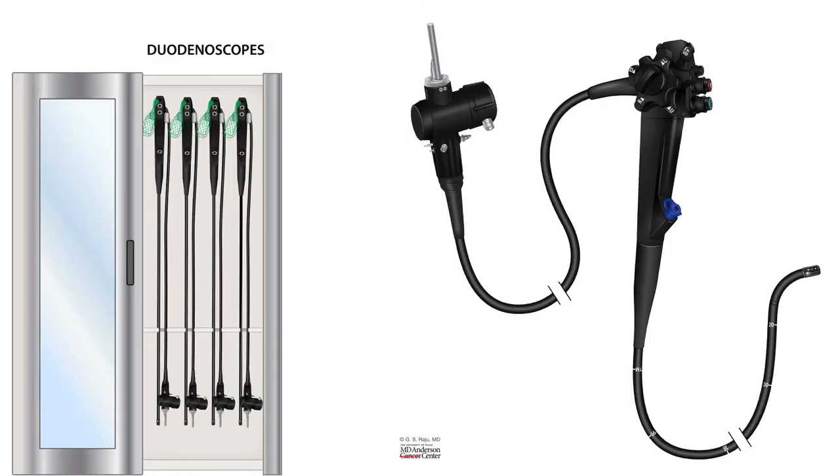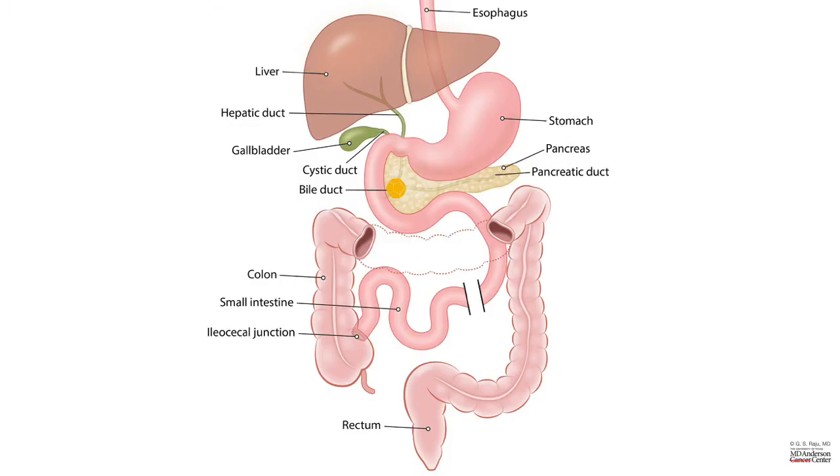Now, coming to the duodenoscope, otherwise called as ERCP scope or side viewing scope. So, again you pass it down the mouth, pharynx, esophagus, stomach, duodenal bulb and second portion of the duodenum. When you come there, because it is side viewing, the opening of the bile duct and the pancreatic duct can be seen, or the ampulla can be seen, and then you pass a catheter into either the pancreatic duct or the bile duct.